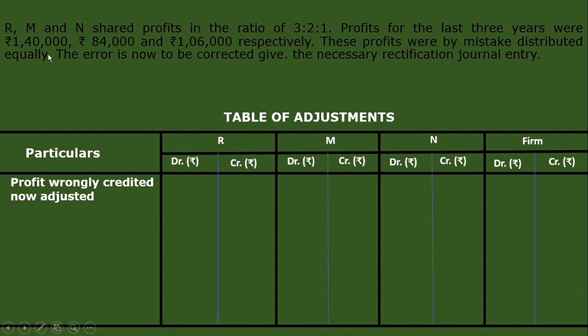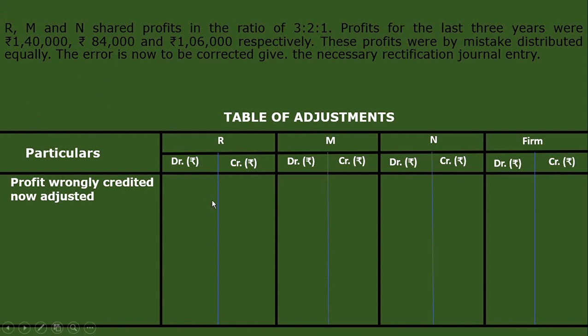And how much was the total of these 3 years' profit? So first you add these 3 years' profit: 1,40,000 plus 84,000 is 2,24,000, plus 1,06,000 is 3,30,000. So 3,30,000 has been divided equally among those three partners.